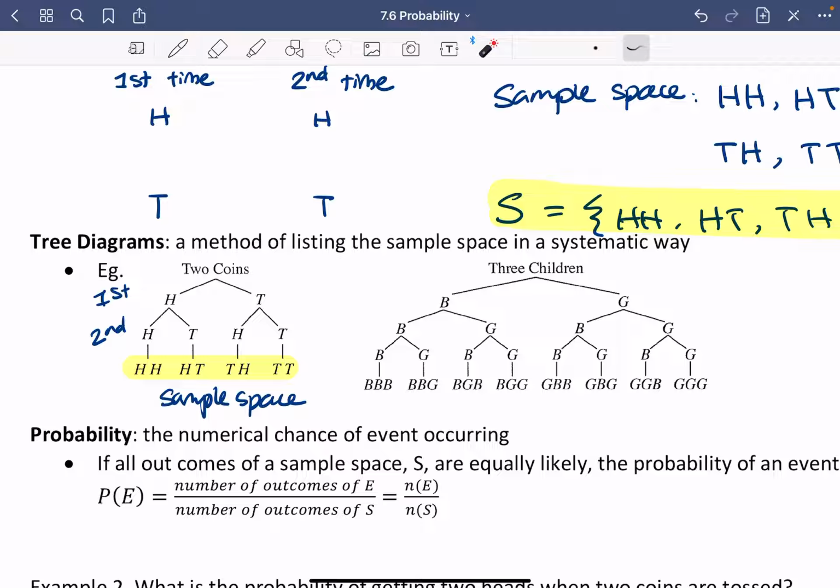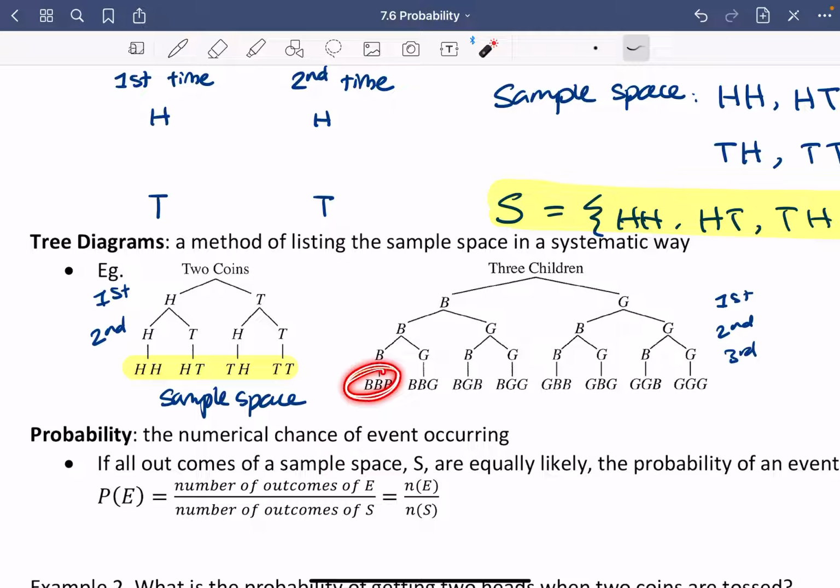And the second one could be a boy or a girl. And then the third one, again, could be a boy or a girl. So there are 8 combinations.